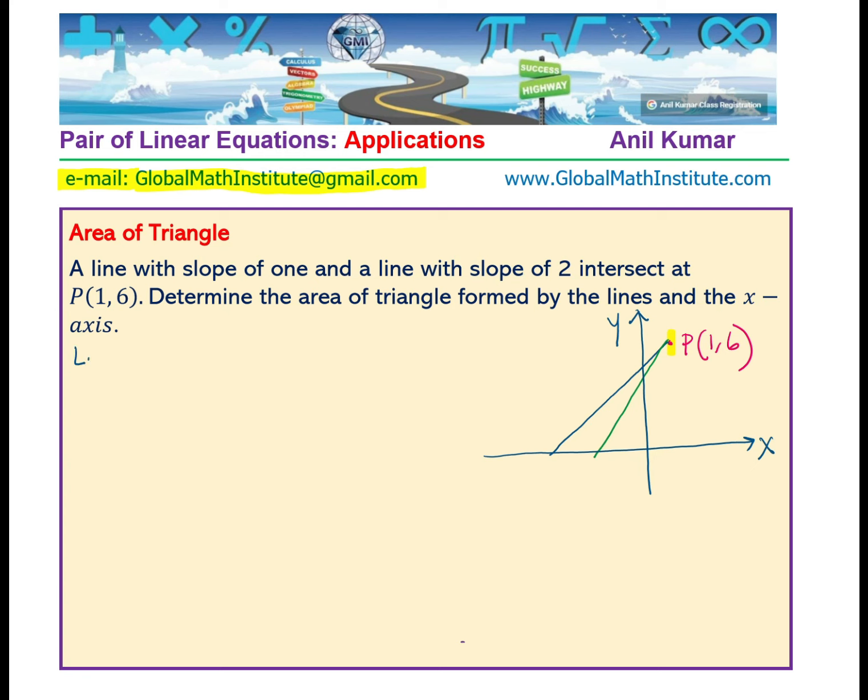Let's consider line 1, our first line with slope 1. In that line, slope m, which is rise over run, is given to us as 1. So if rise is 1, run will be 1, right?